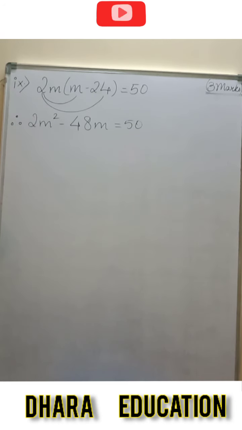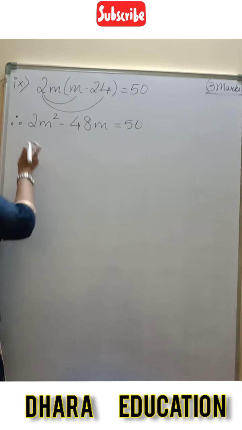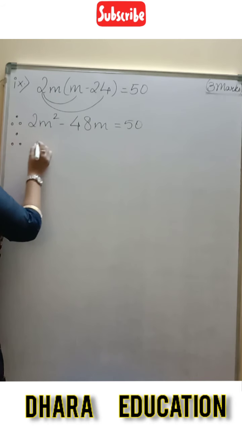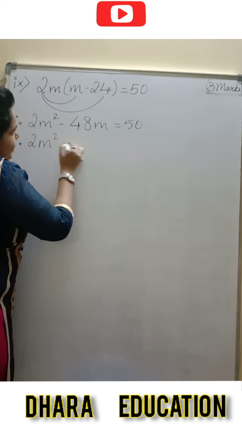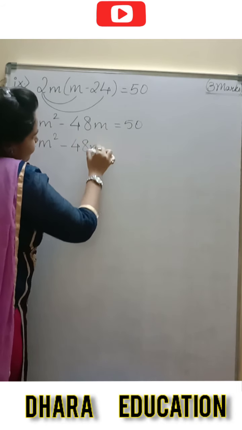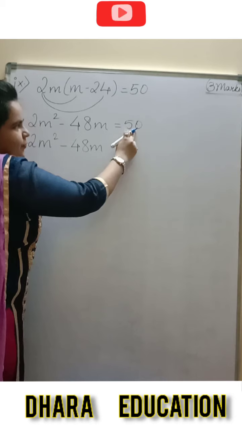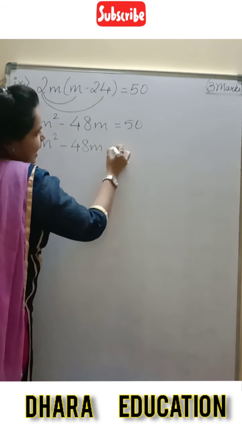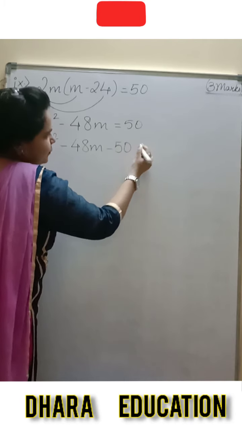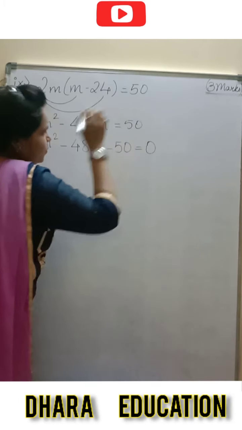Am I clear on this point? So now the next step will be 2m squared minus 48m. Here positive 50 is there. If we take it into left hand side, it will act as minus 50 is equals to 0.